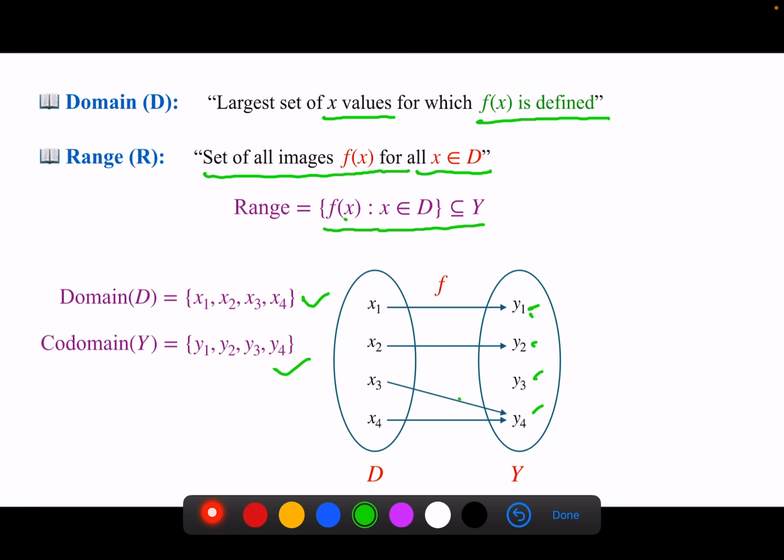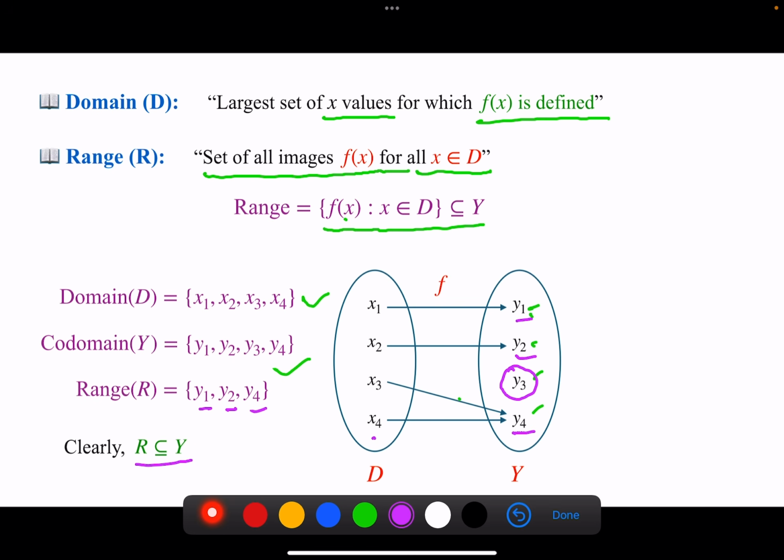So y1 is the image of x1, y2 is the image of x2, y4 is the image of x4, but y3 is not the image of any element of domain D. So range will be the set of y1, y2 and y4. So clearly we can see range is a subset of codomain. So we can write range is a subset of codomain Y.